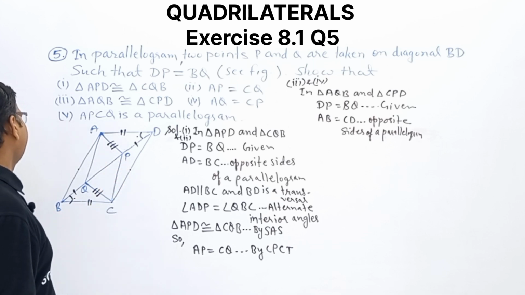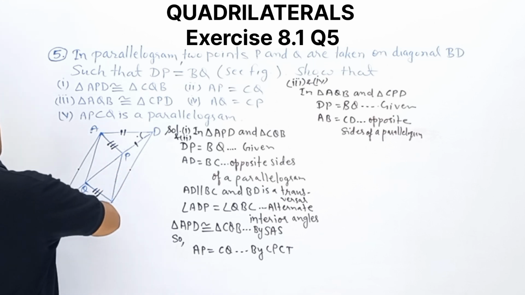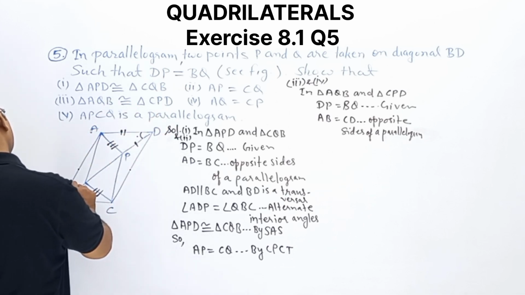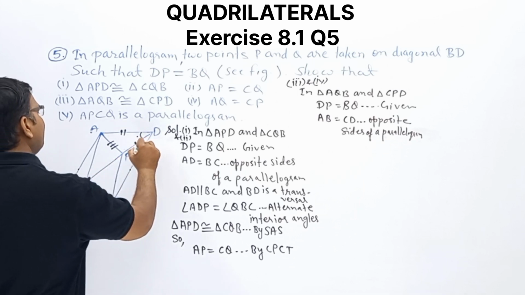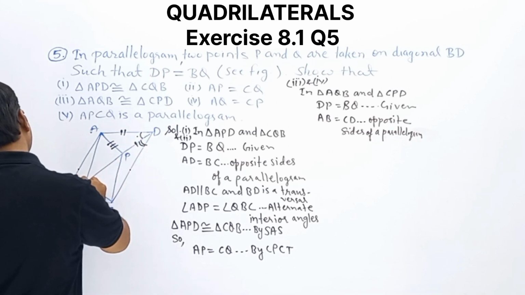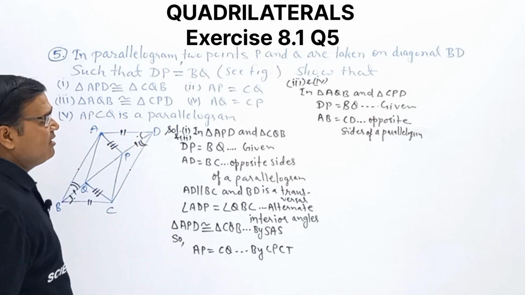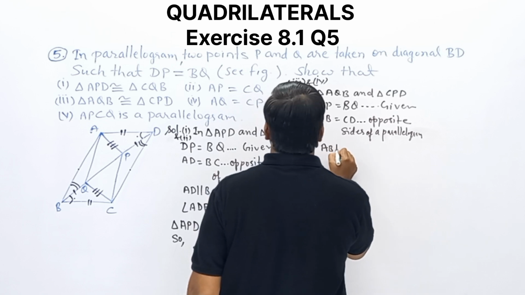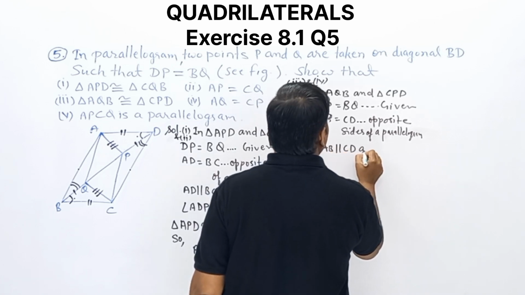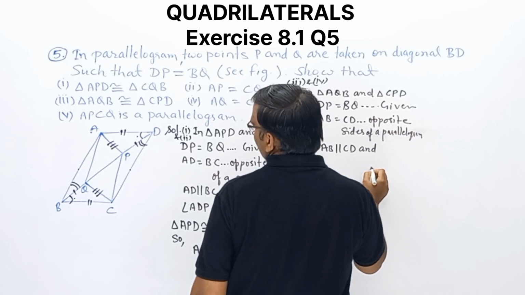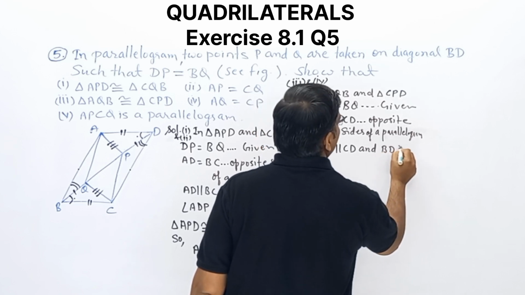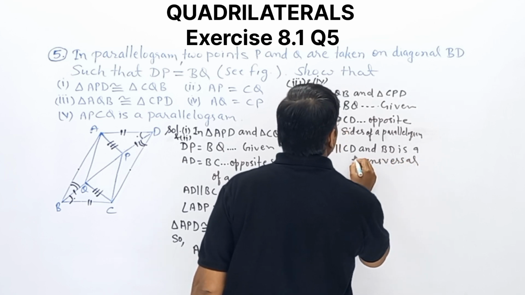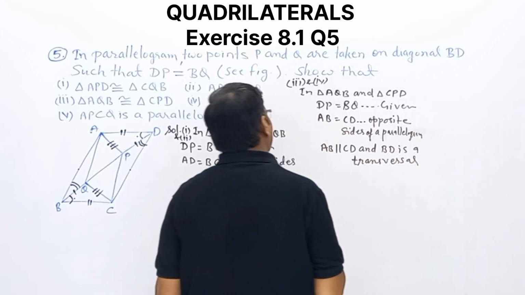Now one angle. Once we talk about these two parallel lines, AB is parallel to CD, then this angle will be equal to this one. Yes or no? AB and CD are parallel lines, and BD is a transversal.